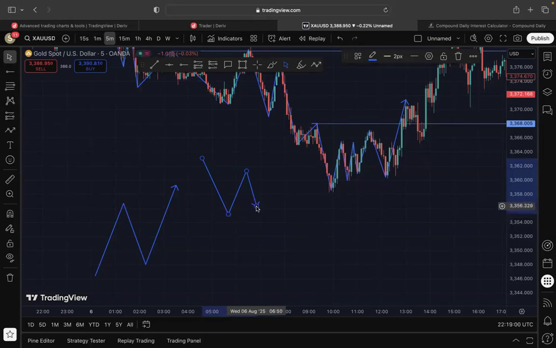Until we have a break of structure, we cannot call this a lower low. So once we have a break of structure, we can then call it a lower low. And that's how this whole thing works.